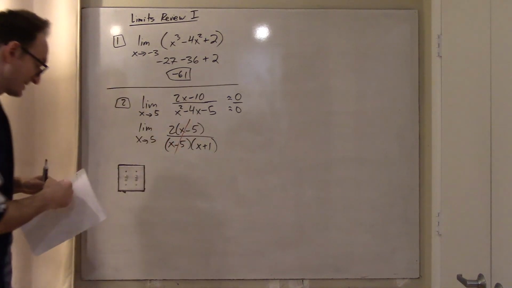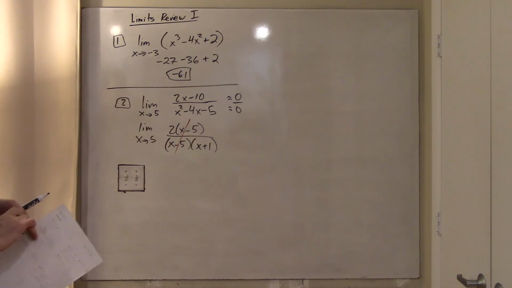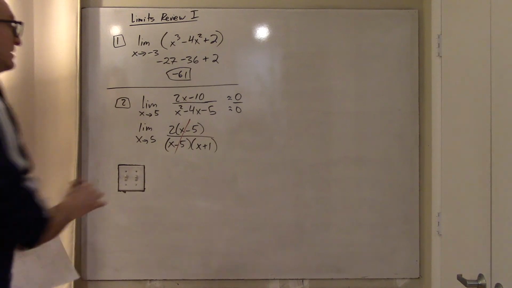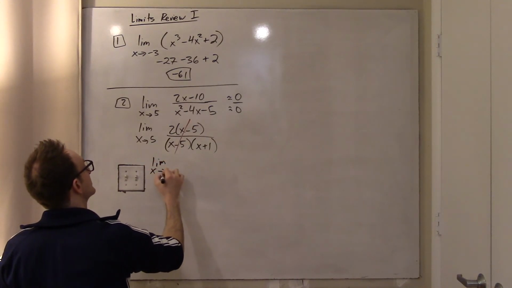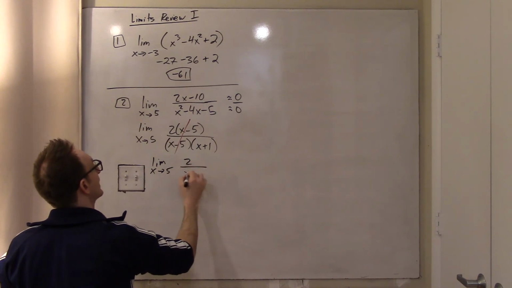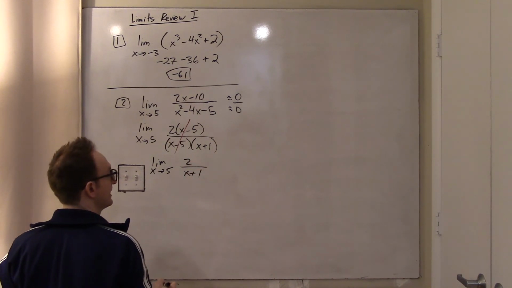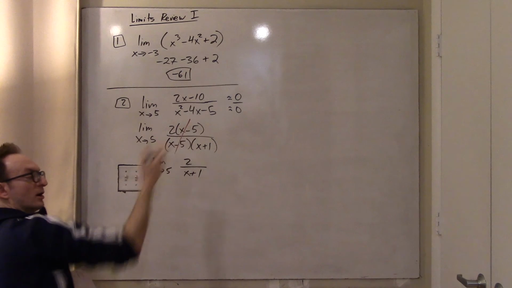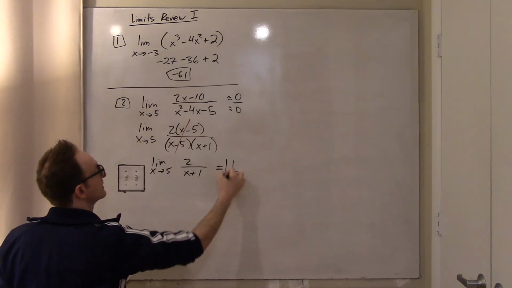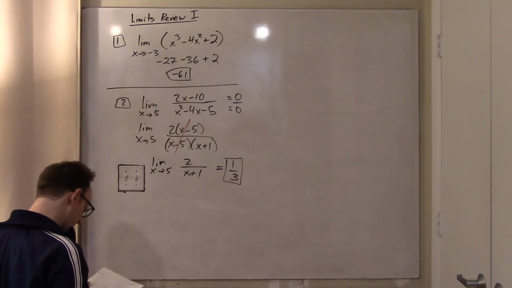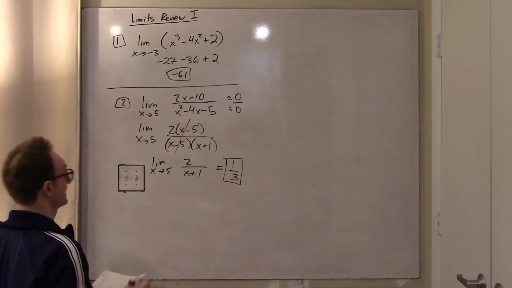Since we're not interested in what is happening at 5, just what's happening near 5, then we can cancel, and we get the limit as x approaches 5 of 2 over x plus 1. And now it's no longer a 0 over 0 situation. If I plug in 5, I get 1/3, and so that's the answer to this problem. Okay, that was pretty easy.